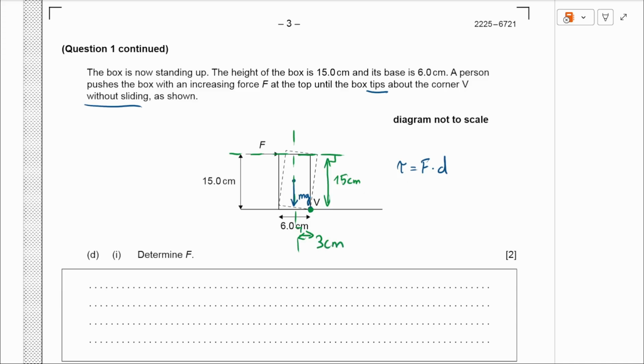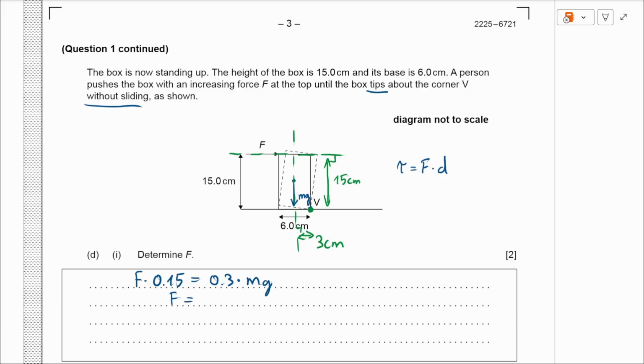This is 3 centimeters. And of course, we can see that the force F would rotate the block this way, whereas gravity would rotate it this way. So these two have to be equal, and that's when it's about to tip. So the force times 0.15, that's the torque of that force, has to be equal to the torque of the weight, so 0.3 times mg.